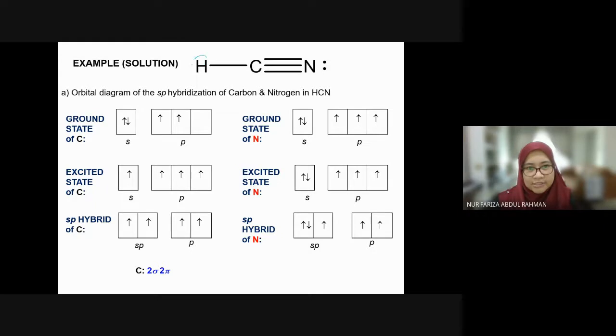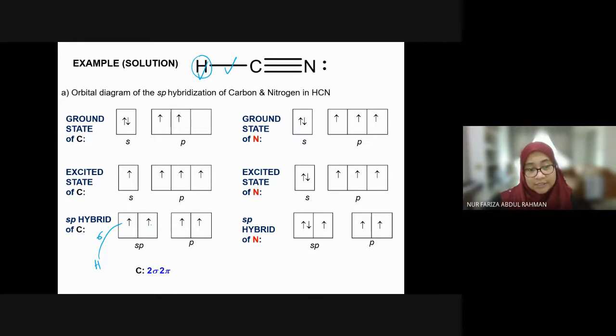So H, kita represent the H. The hydrogen will combine with the electron from the sp orbital from carbon and form a sigma bond. Settle for this one. Sigma dah settle.